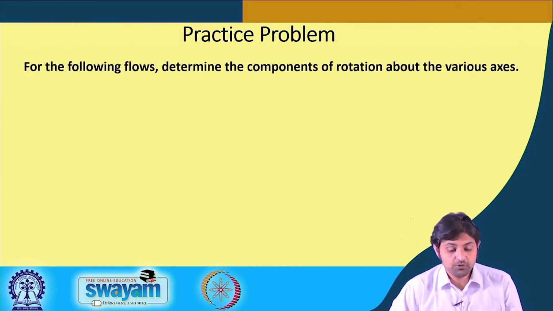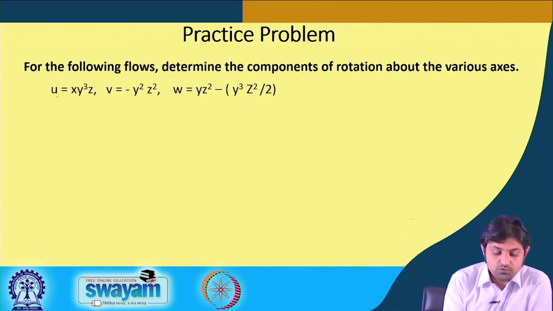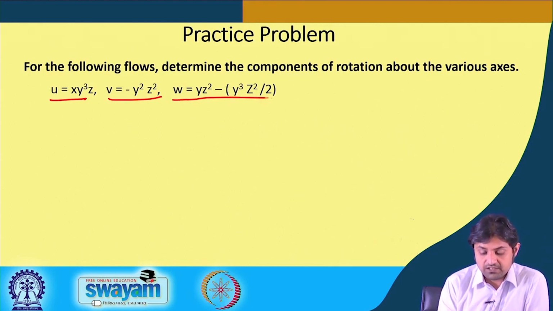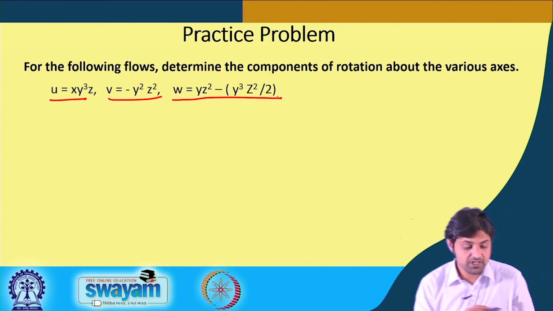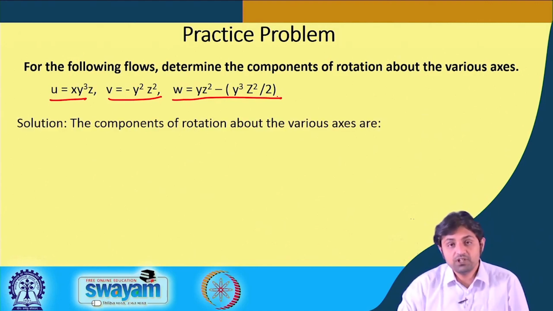For the following flows, determine the components of rotation about various axes. So, we have been given u is equal to x y cube z, v is equal to minus y square z square, w is y z square minus y cube z square by 2. We already know the formulas.